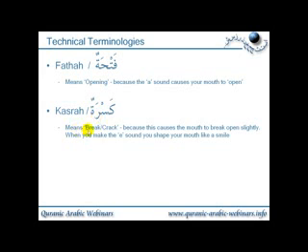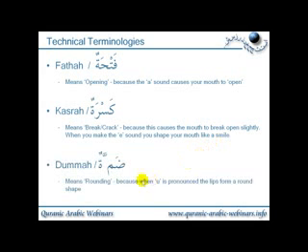Kasrah means break or crack because this causes the mouth to break open slightly, i.e. when you make the E sound, you shape your mouth like a smile, which effectively is like a small crack shape. And the last one, Dummah, means rounding because when you make the oo sound, the lips form a round shape.